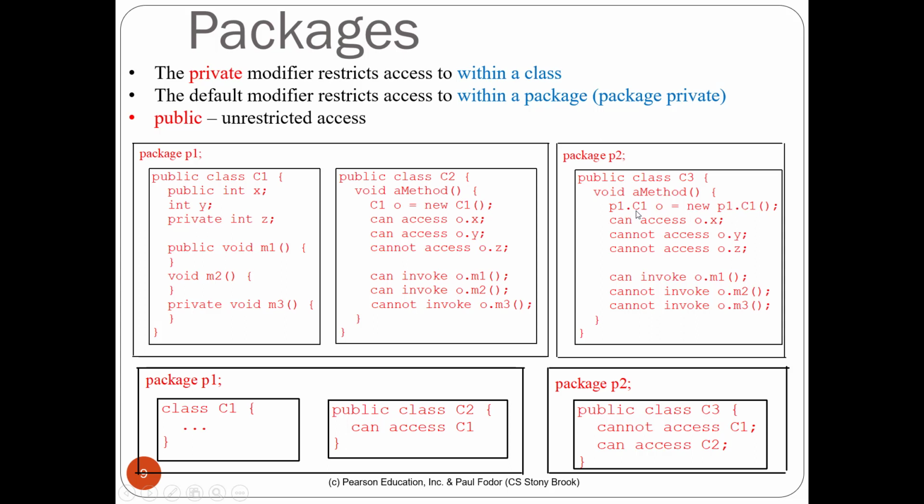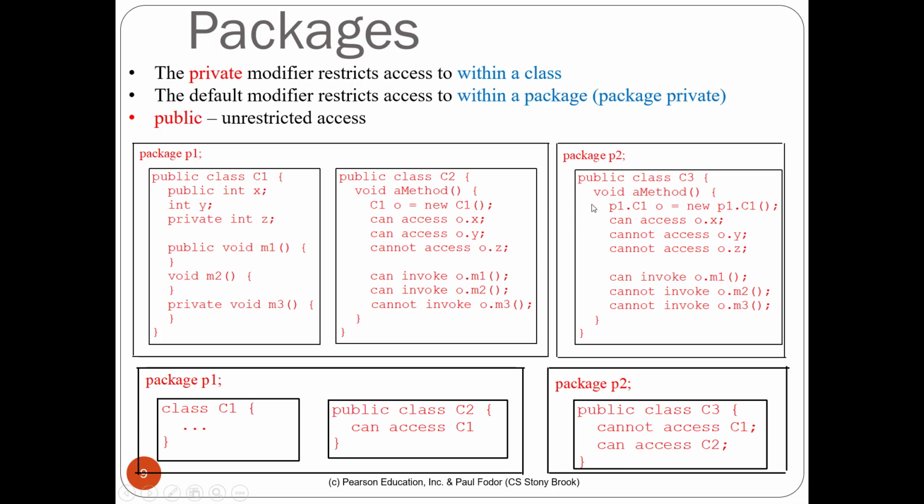Since C1 is present in package P1, we should put P1.C1. You cannot do C1 O is equal to new C1. You can only do that as long as you are in the same package. If you are in package P2 and you want to use the class that exists in package P1, then you should have that information. You should say that I want to use class C1 that is present in package P1.